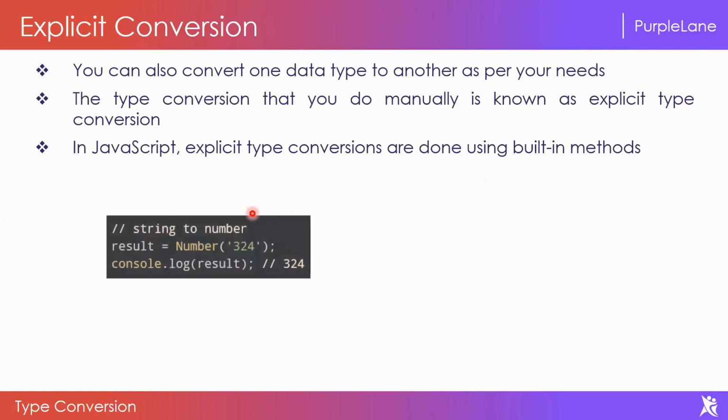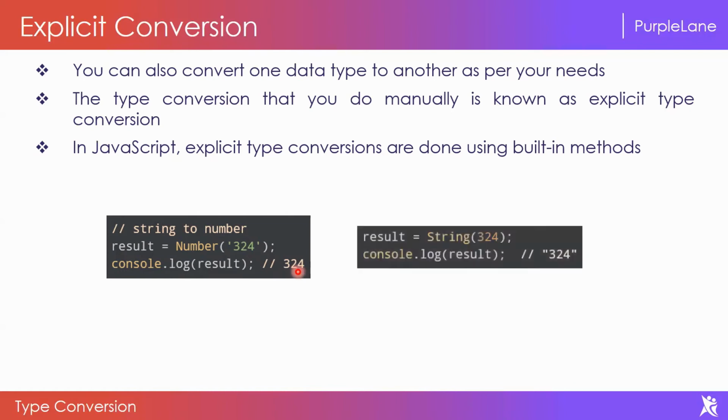So here you see string to number. If you want to convert a string data type to a number, this is the method. Number is the built-in function. In the brackets, you send whatever string you want. Here I'm sending 324, which is in string format, so it is going to return the same thing in number format. Similarly, if you want to convert any number into a string, then String is the function.